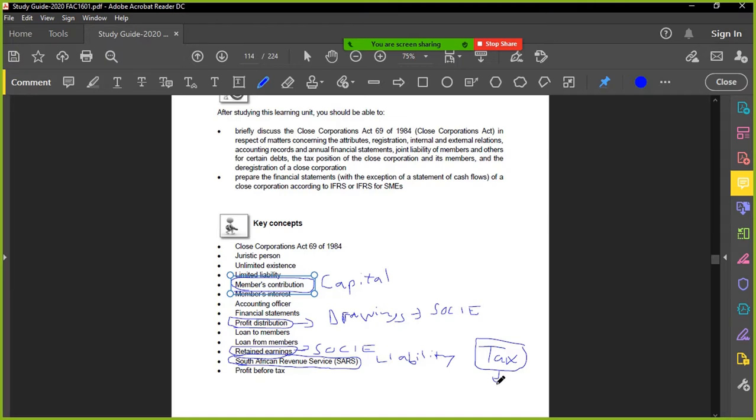Tax is an expense. Yes. Okay, good. Profit before tax would be before taking tax off, so before tax and then minus tax. Make sense? Yes. Okay, good.